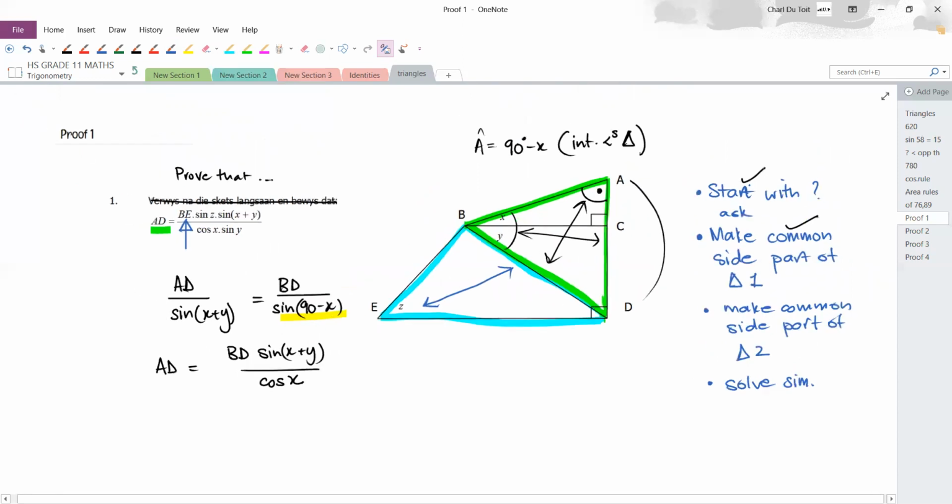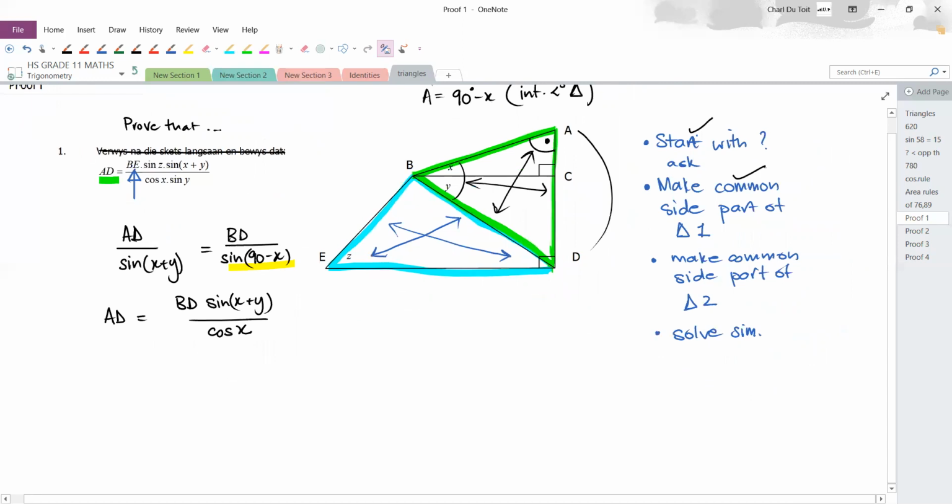So BD over sin Z equals BE, that has to be in the sum, over this little angle here, which I need to find.